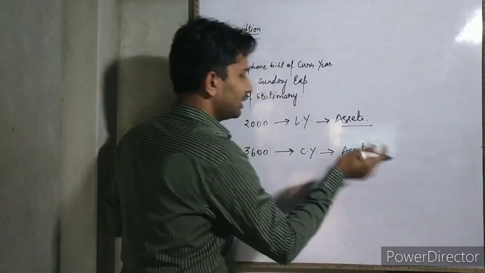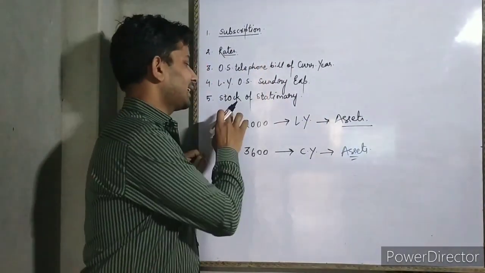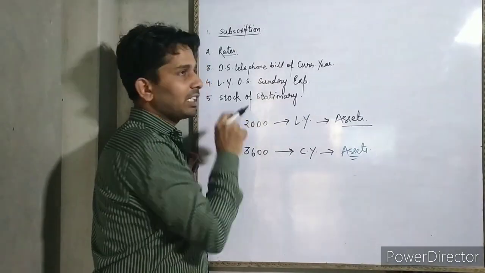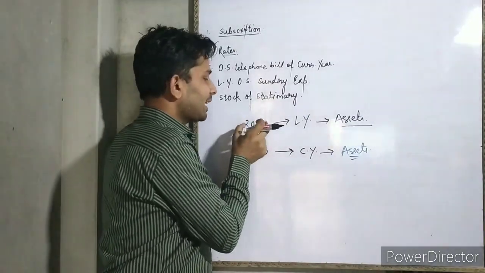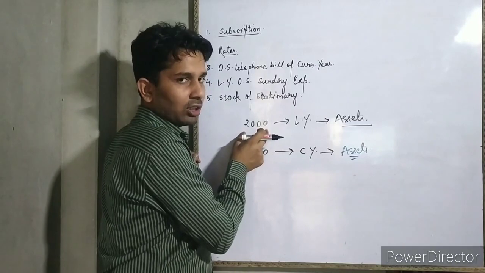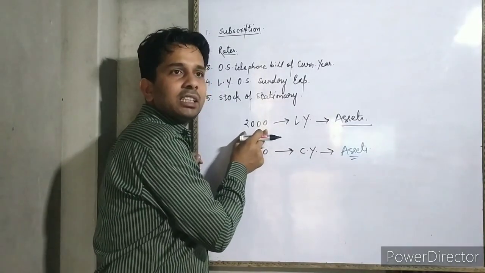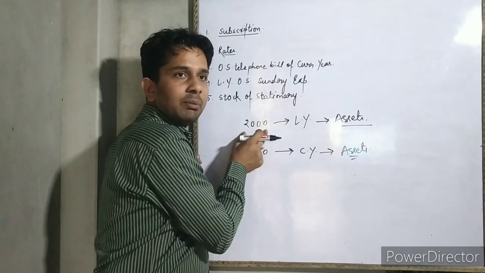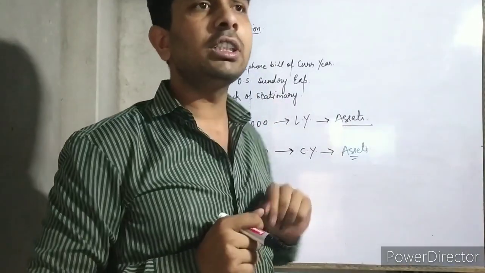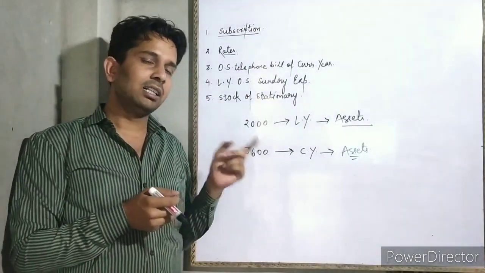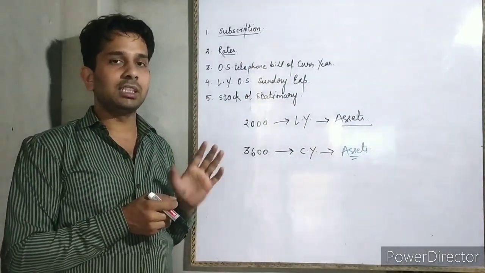But the consumption, we all know that amount of stationery will be there. Already we had 2,000 stock, and again, how much stationery did we purchase? You can check the question. We purchased 16,000 rupees of stationery. So 2,000 we already had, 16,000 we purchased, which is total 18,000.